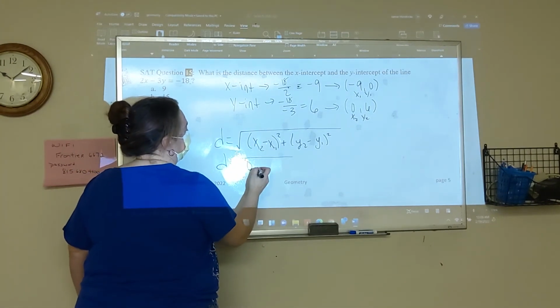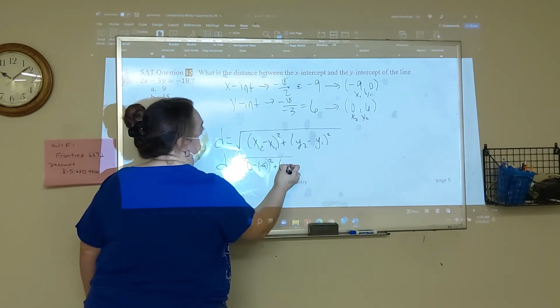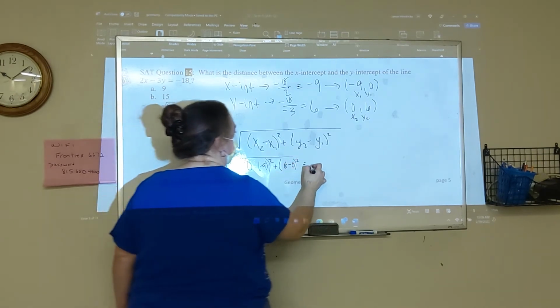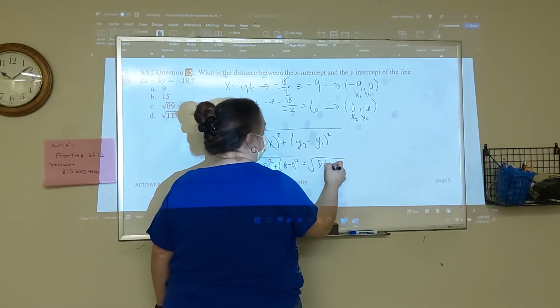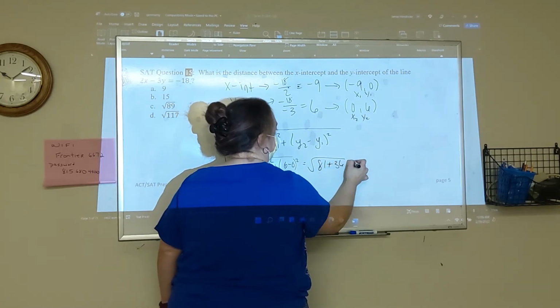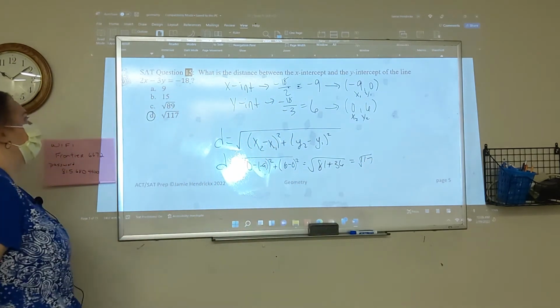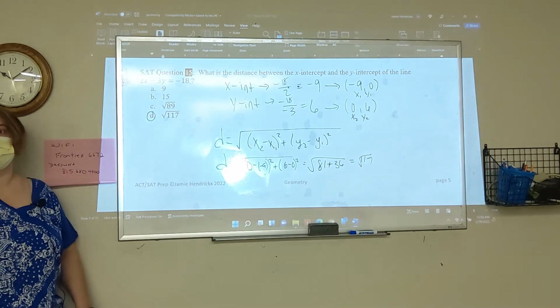For x, I've got 0 minus -9, whole thing squared. For y, 6 minus 0 squared. So 0 minus -9 is 9. 9 squared is 81. 6 squared is 36. 81 plus 36 better be 117. Let's see. Any questions on that?